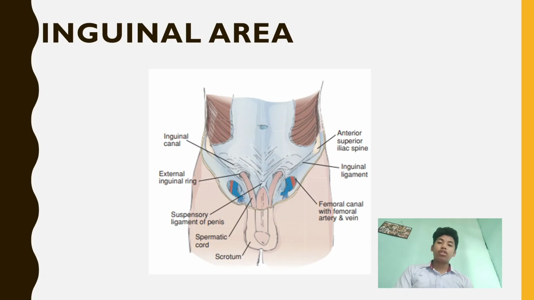When assessing the male genitalia, the nurse needs to be familiar with the structure of the inguinal or groin area because hernias, protrusions of loops of bowel through weak areas of the musculature, are common in this location.